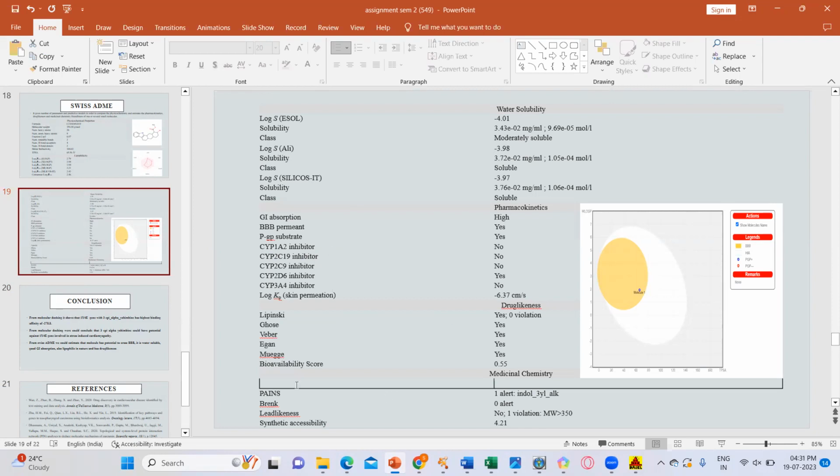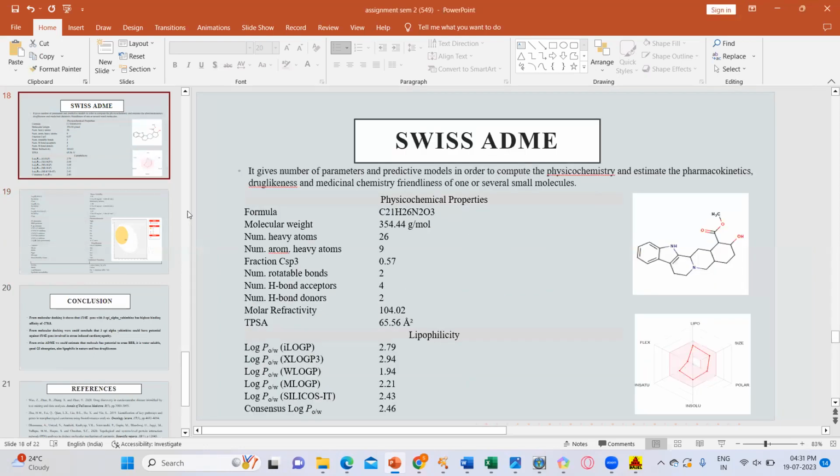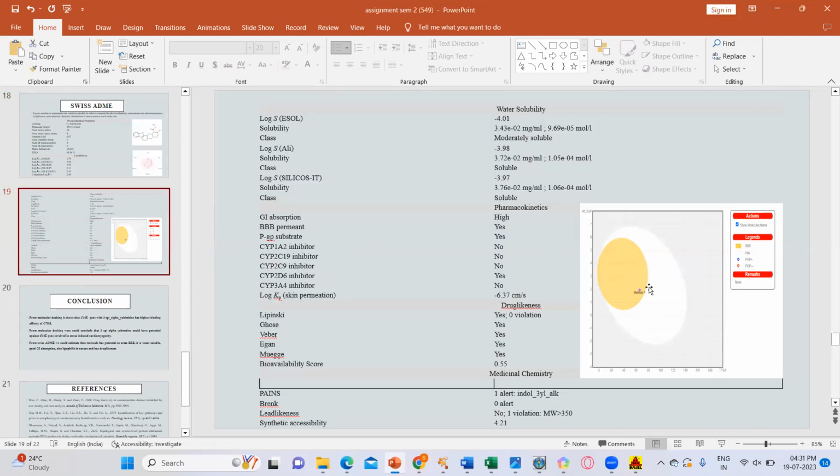From all this data, we can conclude that it will have drug likeliness, it will also have water solubility, and it will be a good lipophilic compound. In the BOILED-Egg, we can see that the molecule is present within the BBB labeled structure. That is the indication that it will cross the BBB membrane.